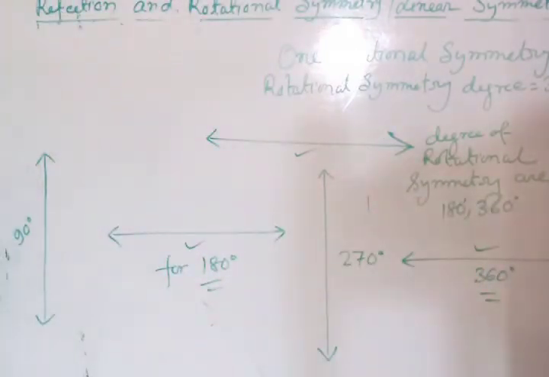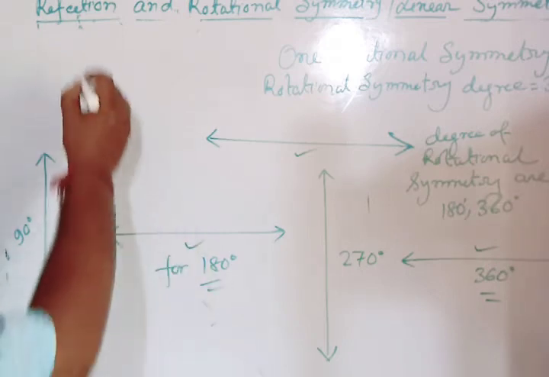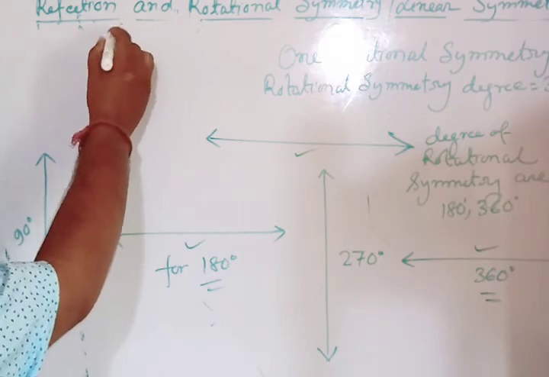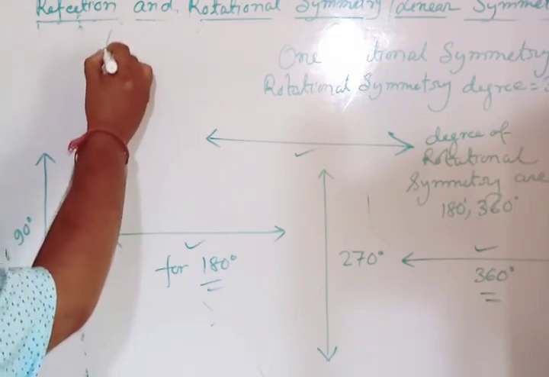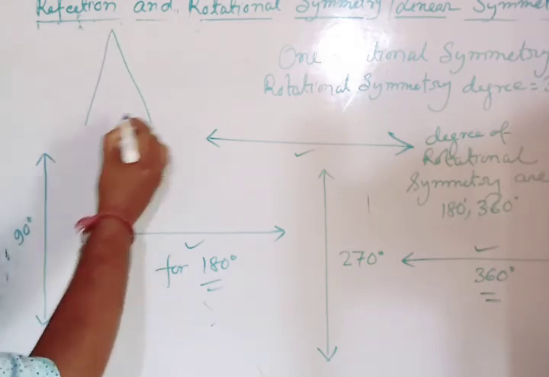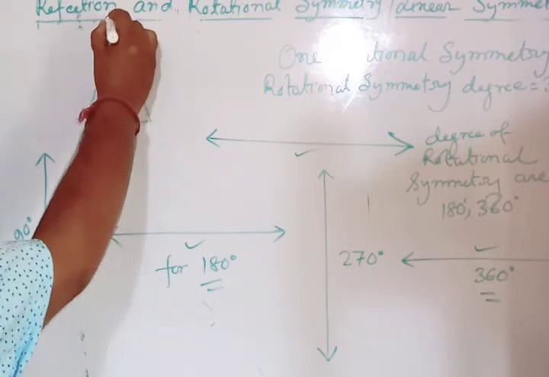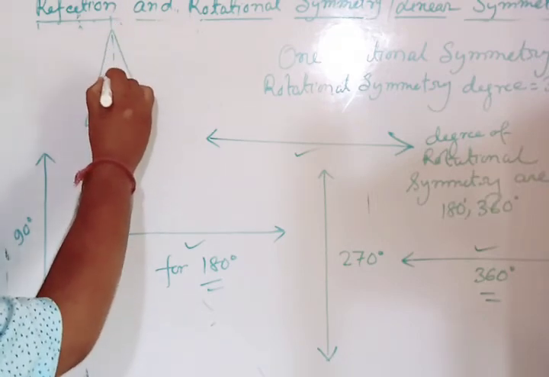Okay, so this is the concept of rotational symmetry. Hope you understood. Next, move to another figure, that is one triangle. This triangle I am taking, and taking this as the axis of the triangle.